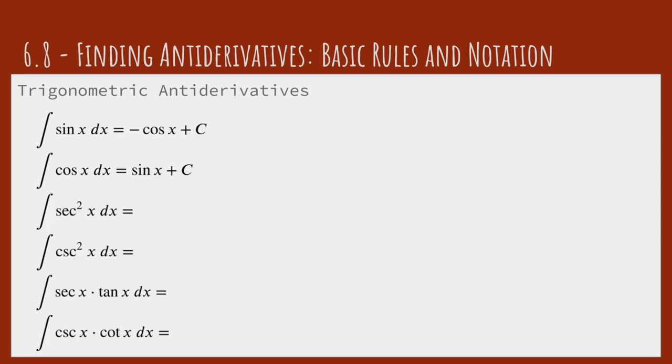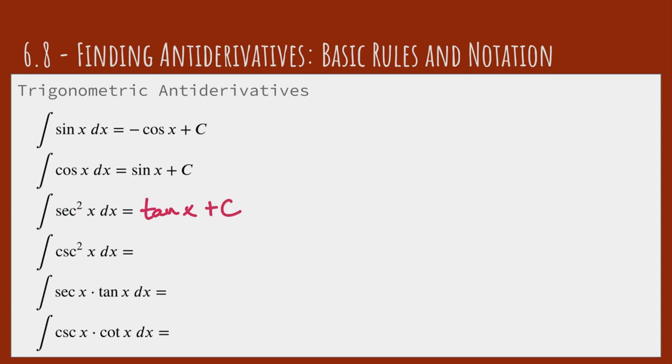So if we think of what we do get when we take the derivatives of the trig functions, I have those listed here. So hopefully you were thinking to yourself that when we take the derivative of tangent, we get secant squared, which means that the antiderivative of secant squared is tangent of x.